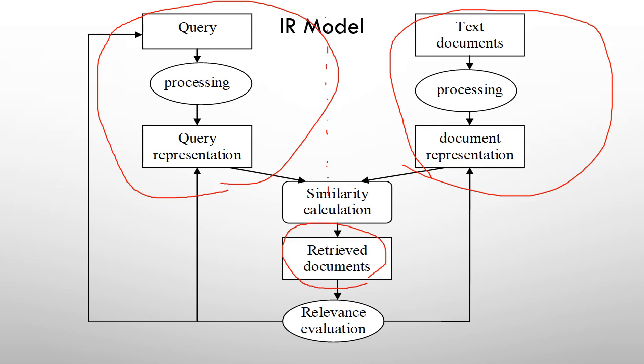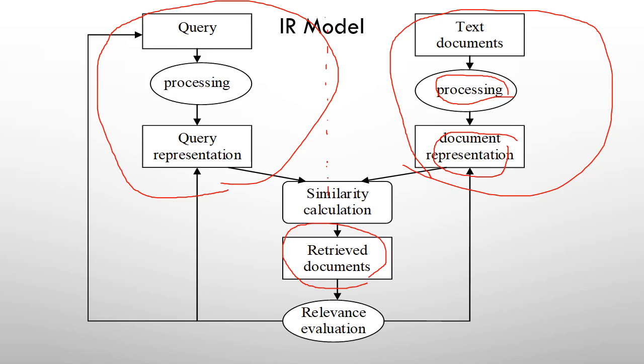On the right is the Google side in this example, where Google collected so many documents from the internet by scraping the internet, indexing. So Google will process those documents from the internet and then represent them in particular representations.